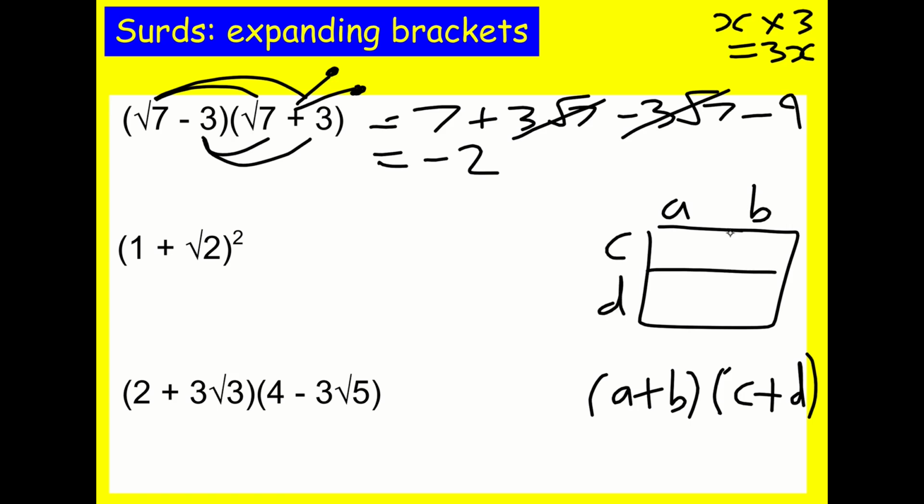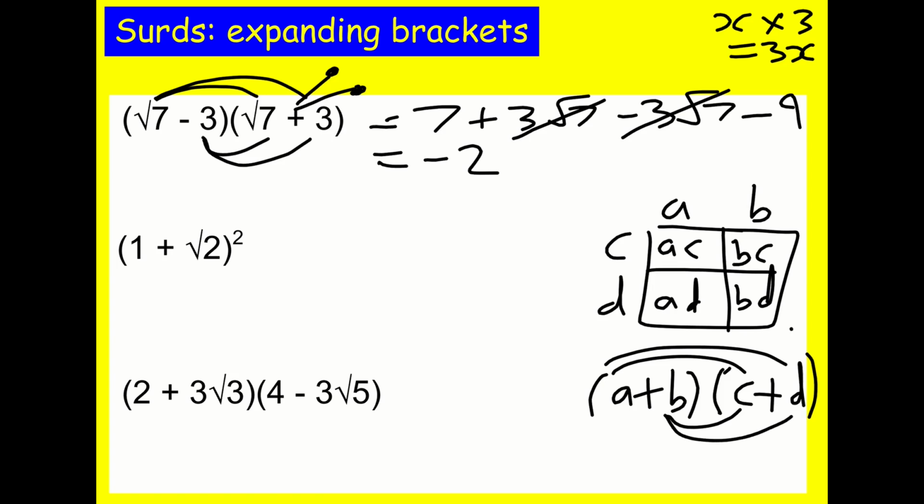If I want to work out the total area, then I need to calculate all these little bits. So I'd need to do A times C, and A times D. And then I need to add it to B times C and B times D.